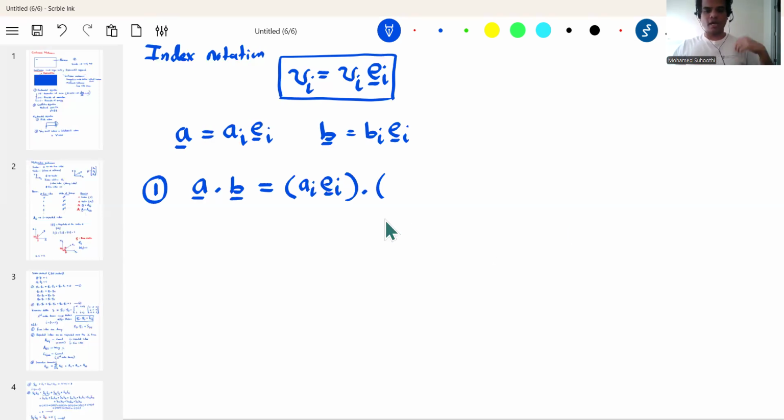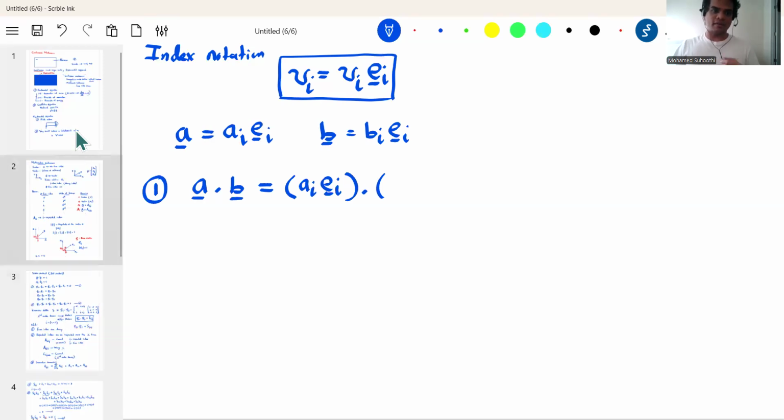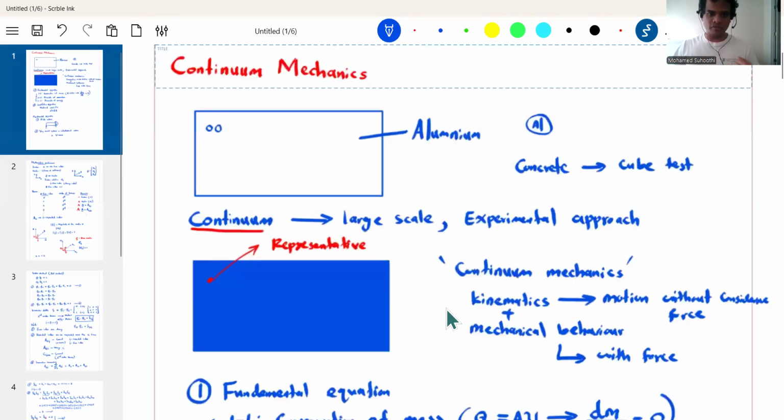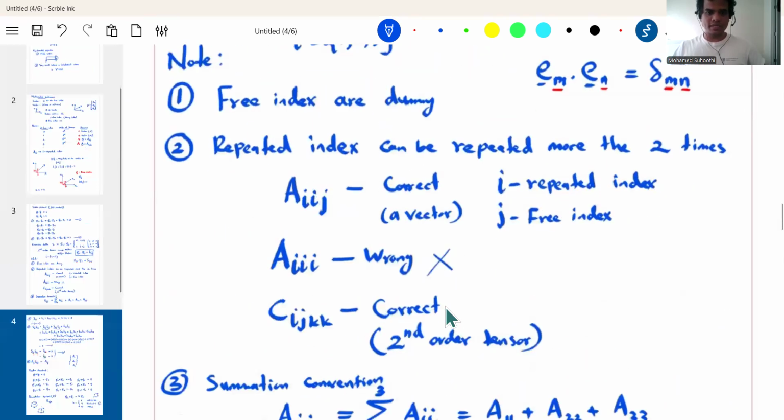Why? There are rules. We studied these rules, right? I think in the very first video, we discussed some rules, right? Okay. A repeated index cannot be repeated more than 2 times. I think I had written it as can. It should be cannot, right? Cannot be repeated more than 2 times, right?